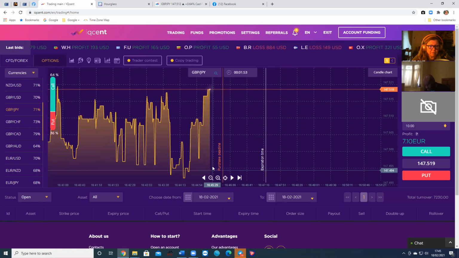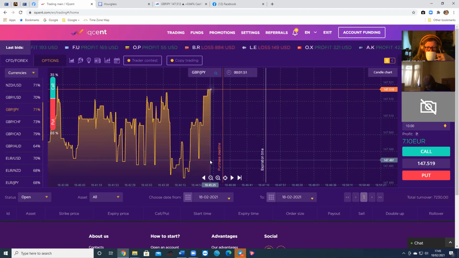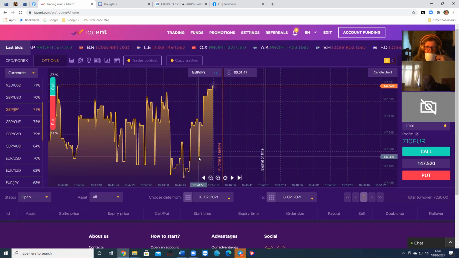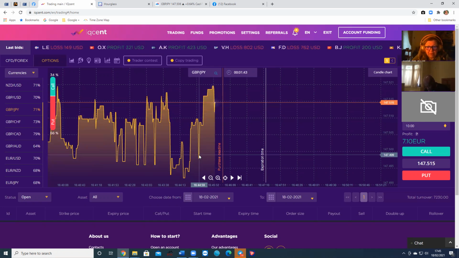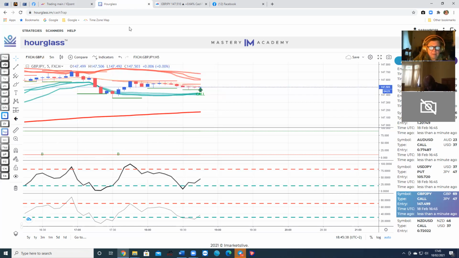Moved too fast. 499, we wanted it here. Very fast move. So that was another good setup, but we can't take that at the moment unless it dips back down and then pulls away again. But unless it pulls back for us, then no, don't get in.